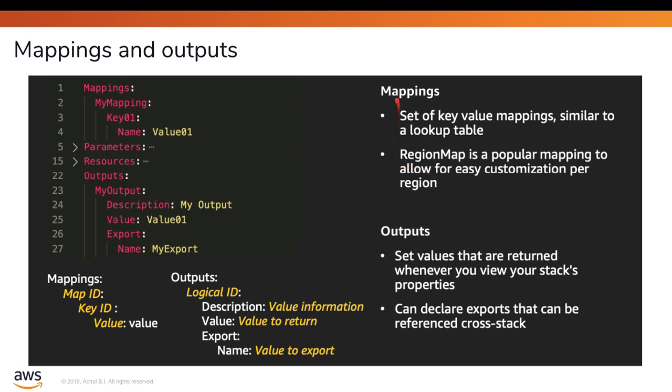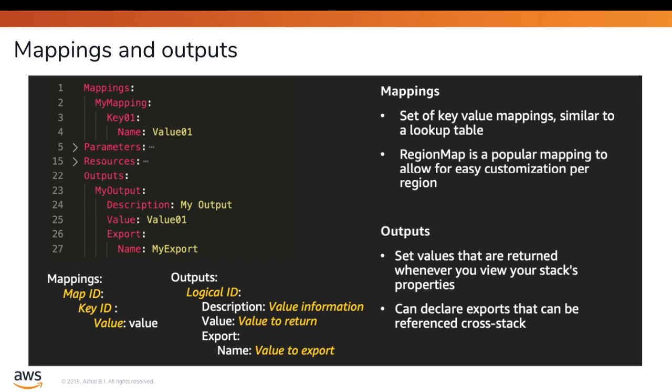When it comes to mapping, region map is a popular mapping because you could select resources based on the region. In practicality, AWS customers select regions for their deployment environments, for example production and dev.